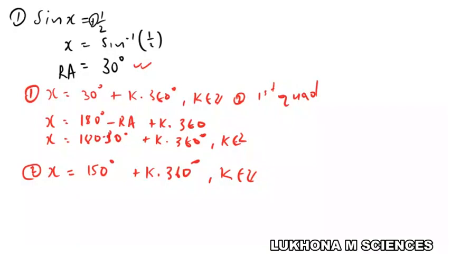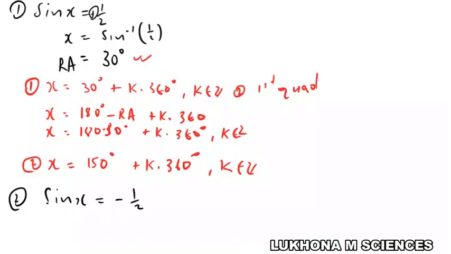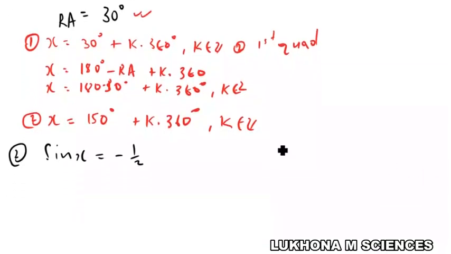Our number 2 is sine x equal to minus 1 over 2. So sine x is equal to minus 1 over 2. Now if you look here, we have a negative value.